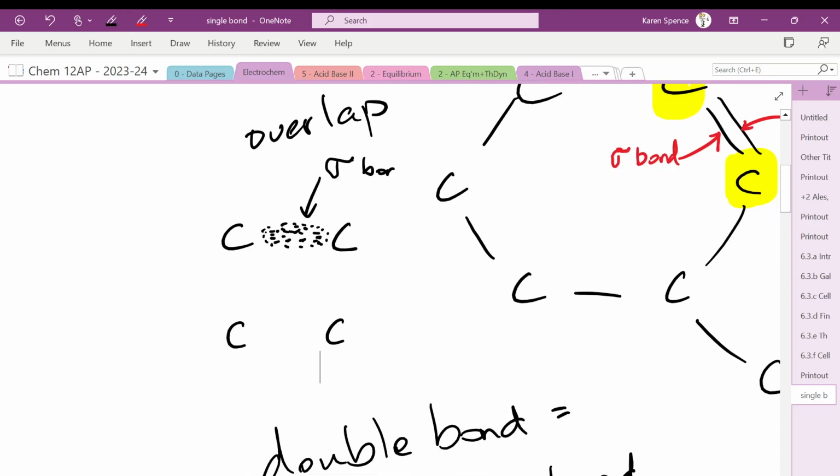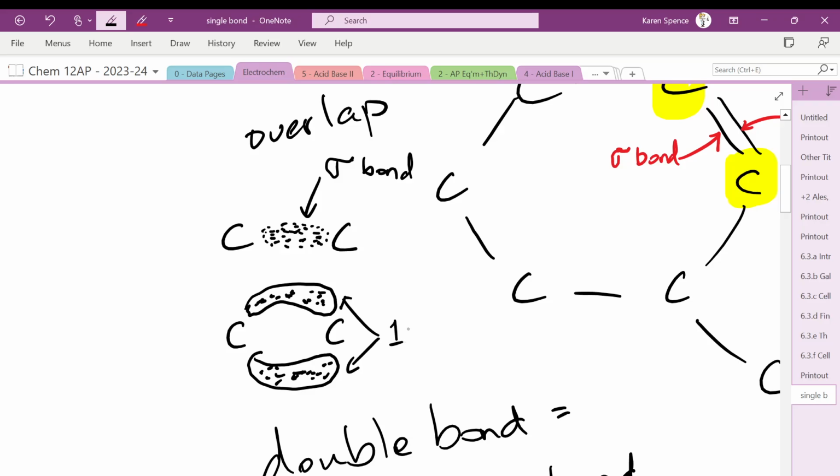Where is the density? Top and bottom. So both those lobes together make one pi bond.